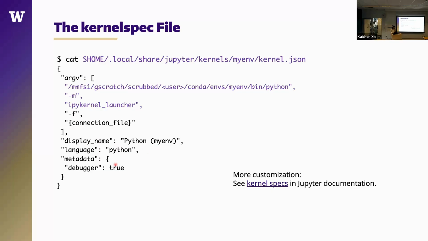The programming language here is Python for ipykernel, and can be R or Julia. So you can choose your own language, but you need to install the corresponding kernel. And optionally, you can also have environment variables to set for the kernel or any additional attributes about this kernel.